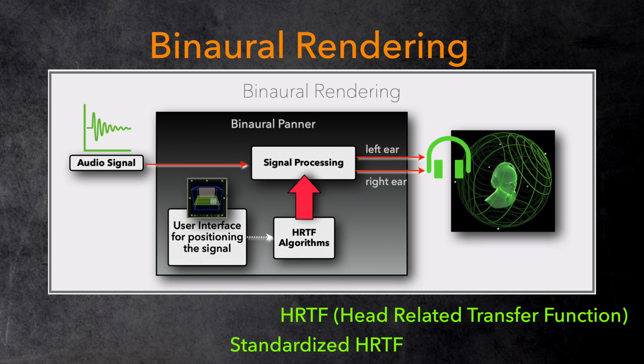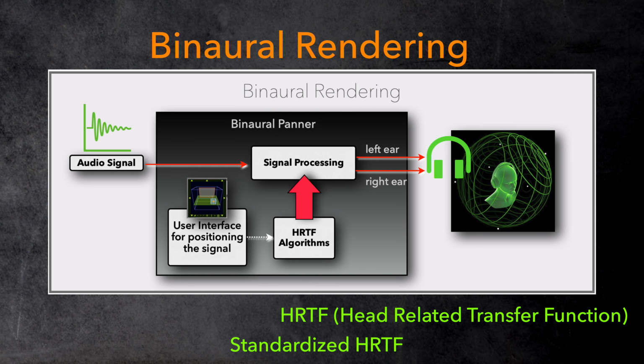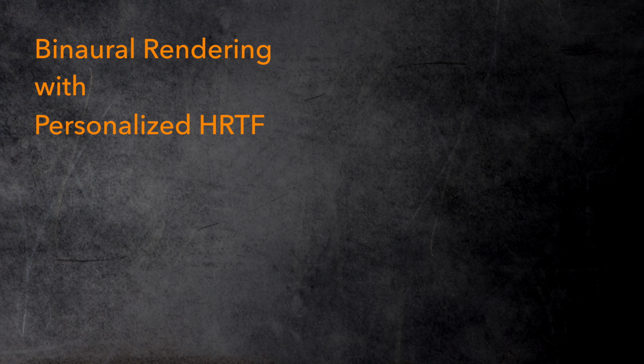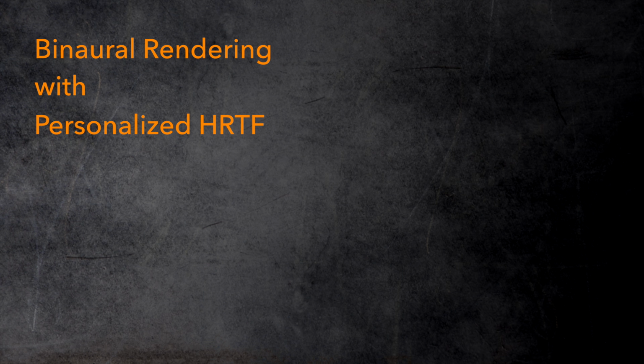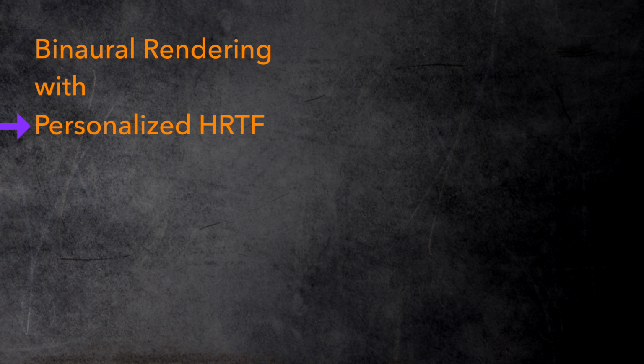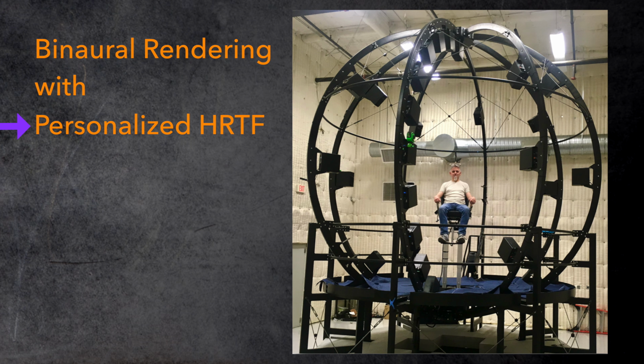That's why you have different testimonies about how convincing binaural audio sounds. The remedy for that is to use your own measurement for the binaural processing, which is called personalized HRTF. This is a complicated process done in an anechoic chamber.